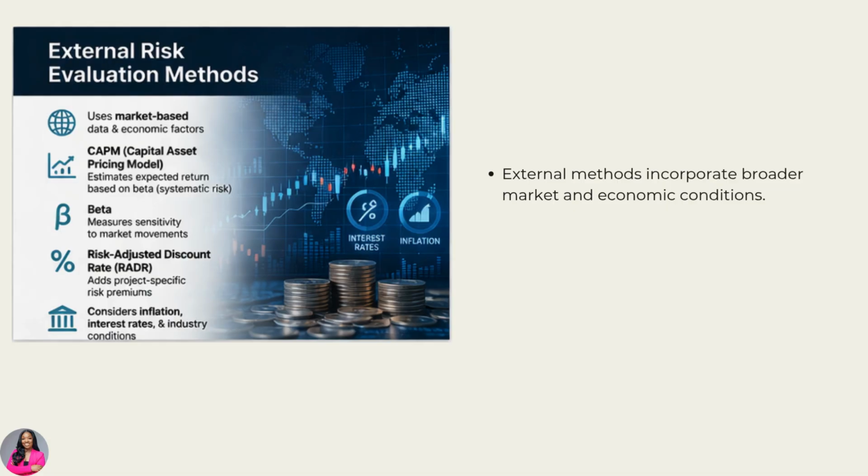Another important tool is the risk adjusted discount rate, which adds a premium for a project's specific risk. In addition, factors like inflation, interest rates, and industry trends must be considered as they can significantly influence a project's success.